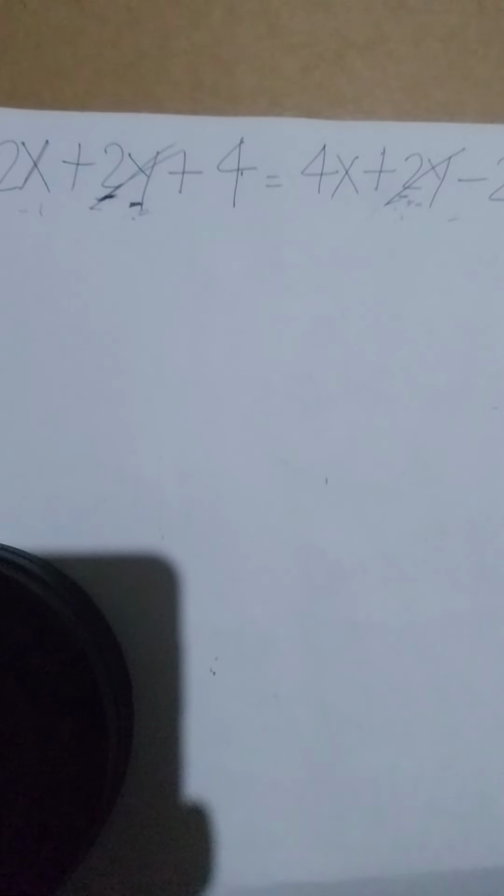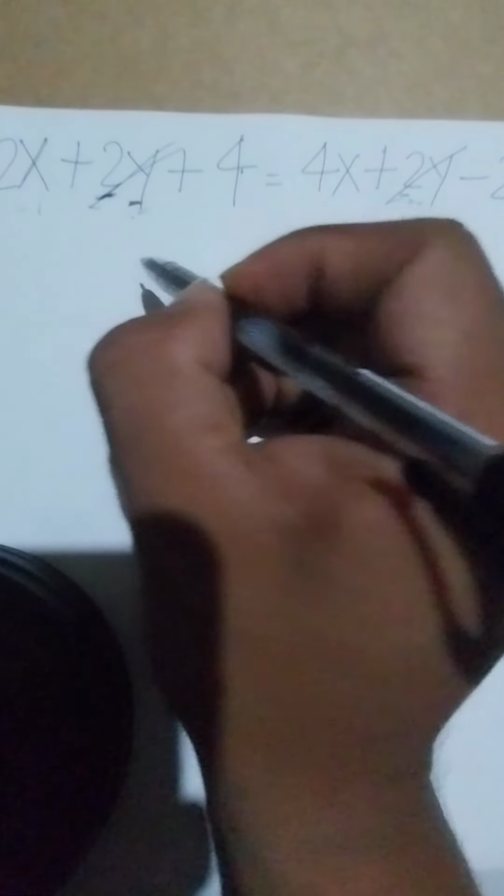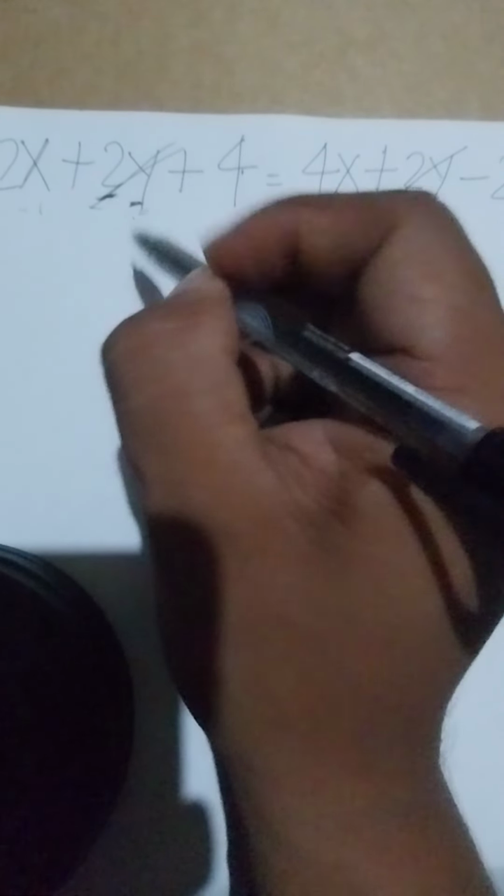Okay, so bakit siya ika-cancel out? So let's try to understand for you to understand this, bakit ganito ang theory ng algebra. So, i-rewrite na natin to dito. So, 2y plus 4. Diba?